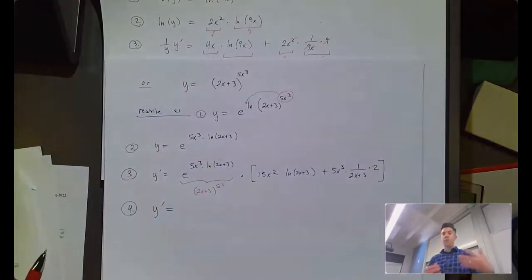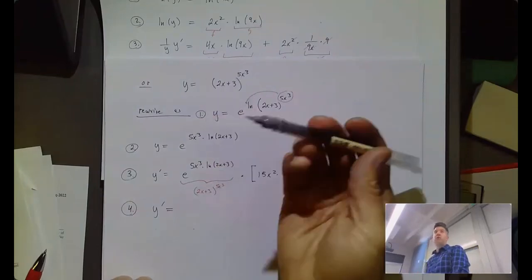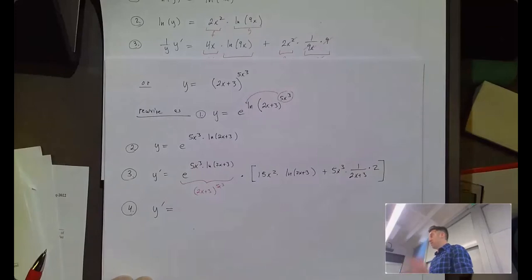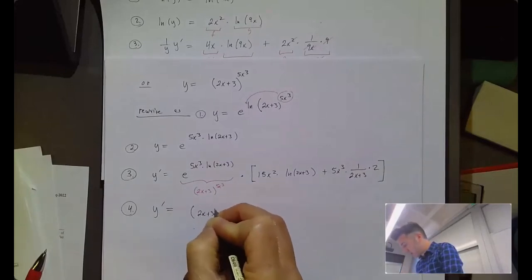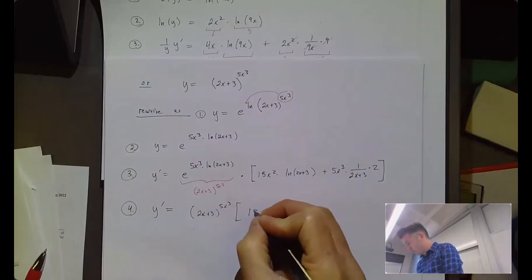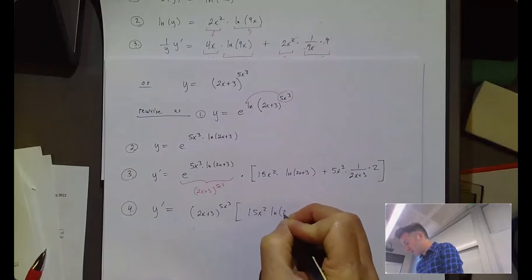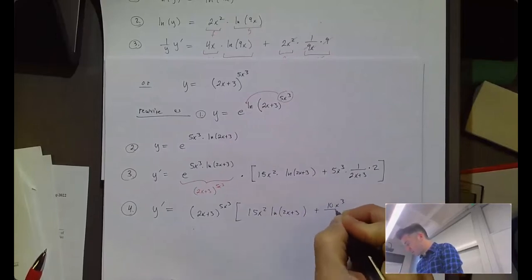But when you're writing the answer, there is kind of this expectation that this original expression shows back up as it's originally written. So we really have 2x plus 3 to the 5x cubed times all this stuff over here, which I would simplify minimally as 5x cubed times 2 is 10x cubed over 2x plus 3.